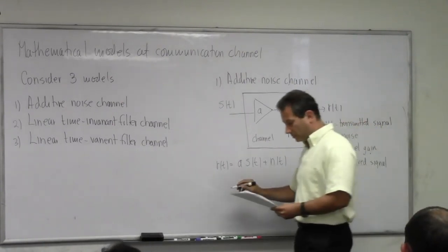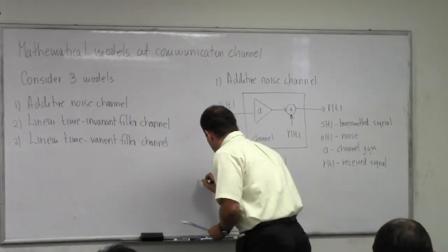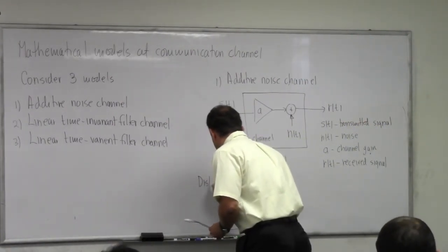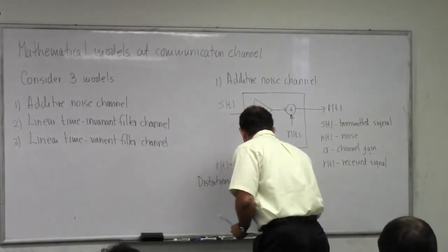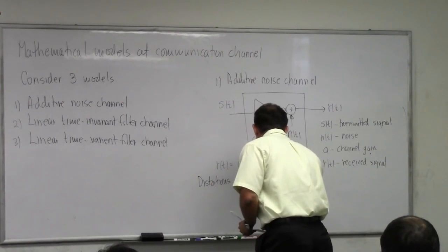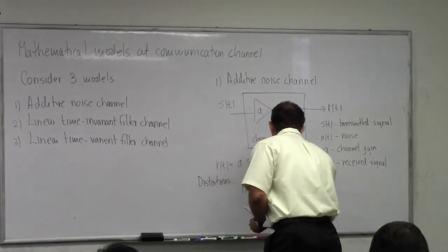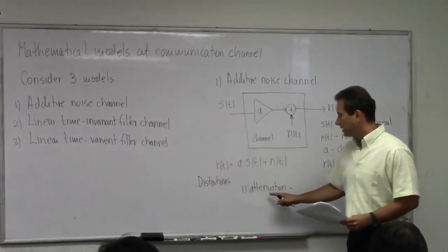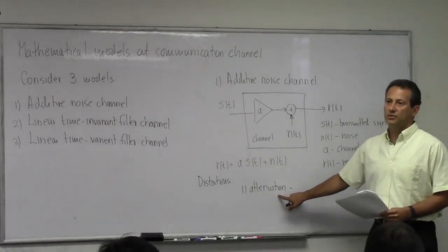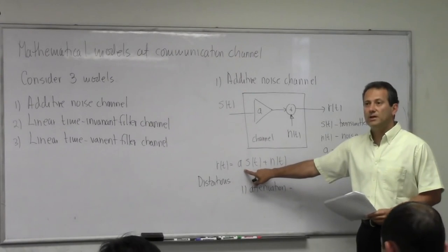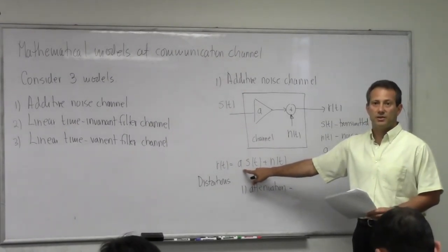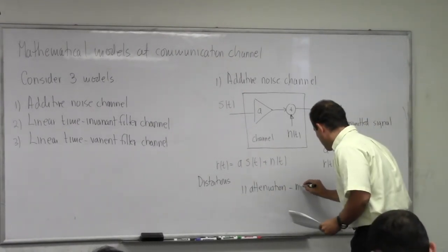So there are two distortions here. First one is attenuation. What type of distortion is this? Is this additive or non-additive distortion? It's a non-additive distortion because it's a multiplicative distortion. It multiplies your signal. So it's non-additive.